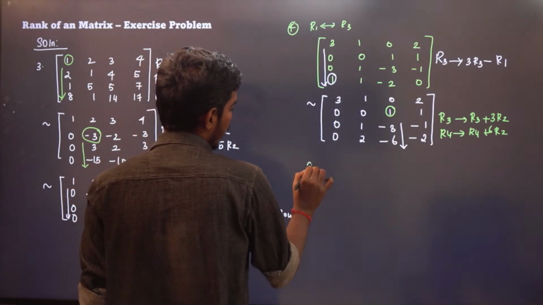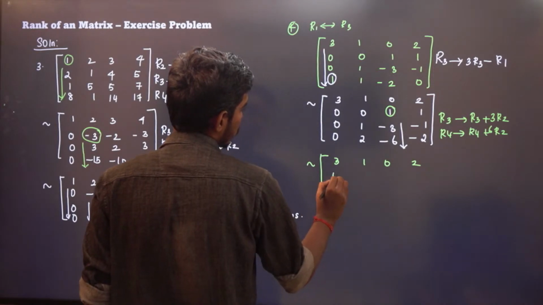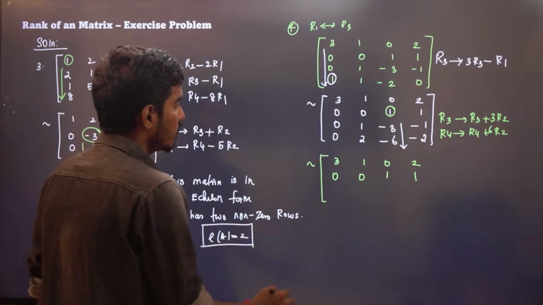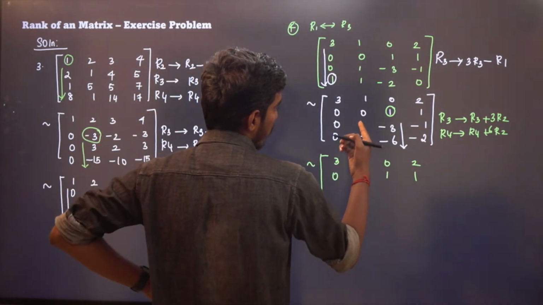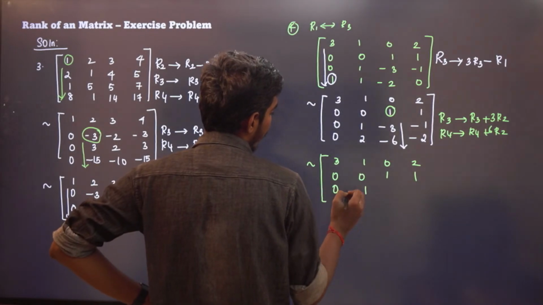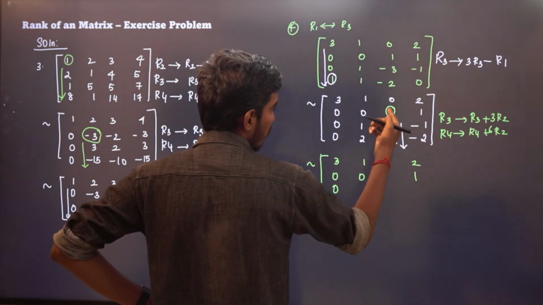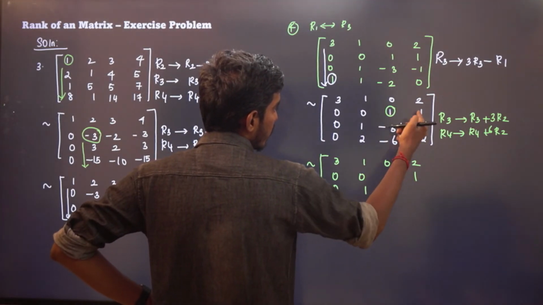So when I make this operation, 3 1 0 2, 0 0 1 1, 0 0 1 1. R3 plus, sorry, R3 plus 3 times R2. This is 0 1, right? 0 1 minus 3 plus 3, 0. You multiply 3 and then add.